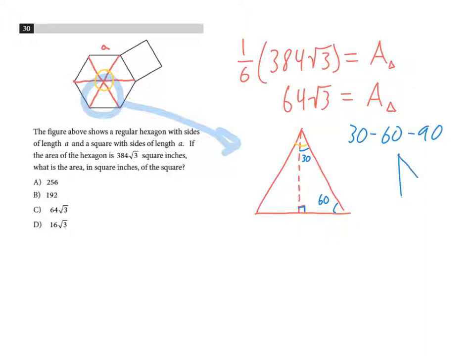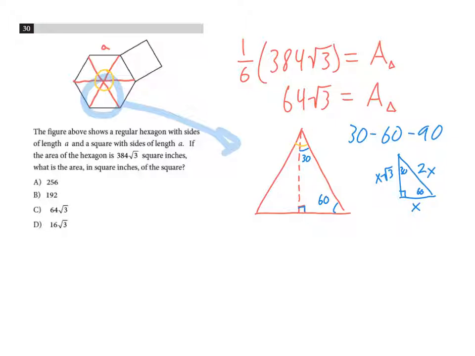And there are some relationships that hold for a 30, 60, 90 triangle. And those are that the short side, x, the long leg will be x times √3, and the hypotenuse will be 2 times x.